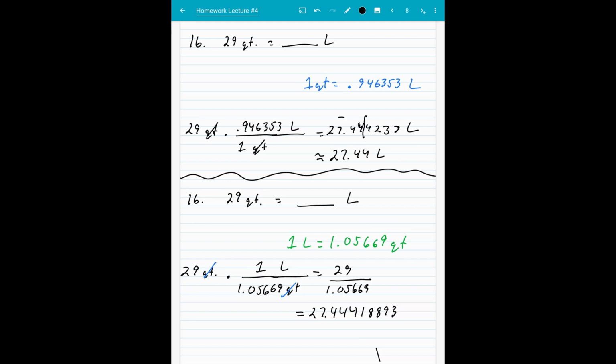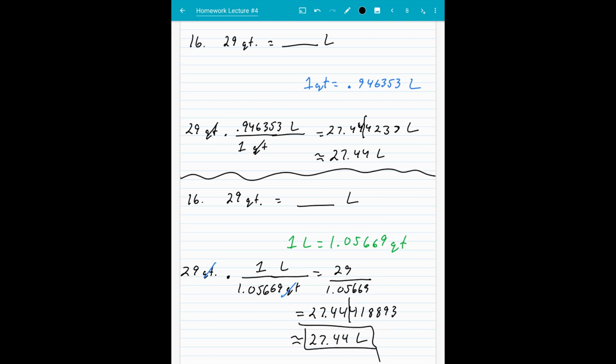See how this number right here wasn't as long as this number? That's because this number is limited by however many decimal places I have here, whereas this one can go infinitely whenever we divide. But again, look at the answer. We want to round it to the nearest hundredth. Divide it right there. It'd be 27.44 liters.